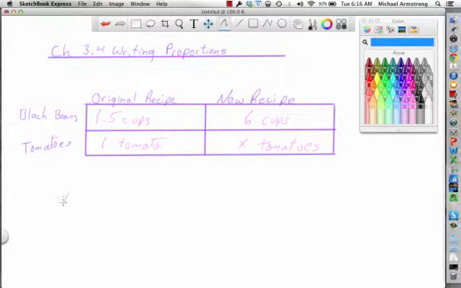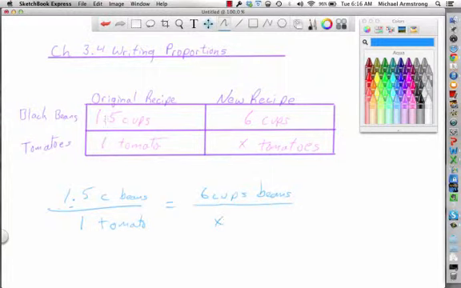So he just writes it out as a proportion: 1.5 cups of beans per one tomato. How does that compare to if he has 6 cups of beans to X tomatoes?